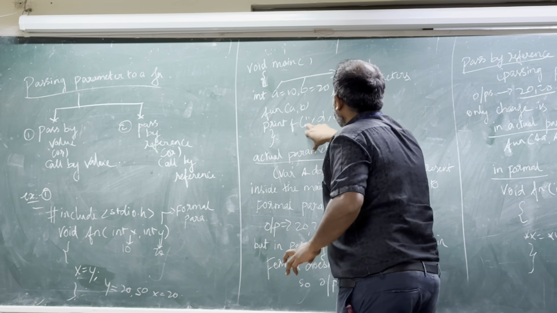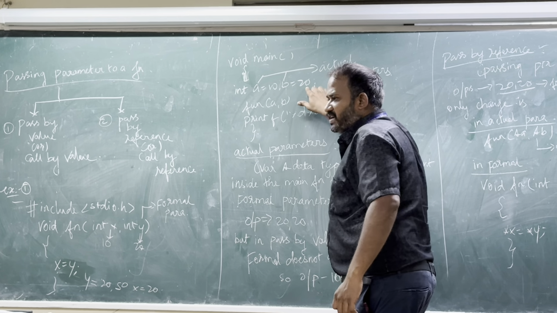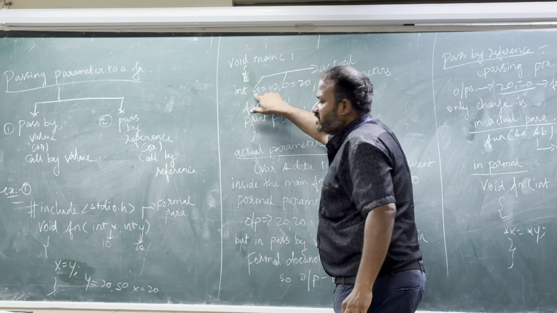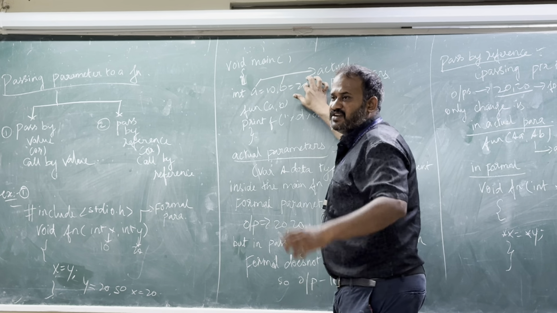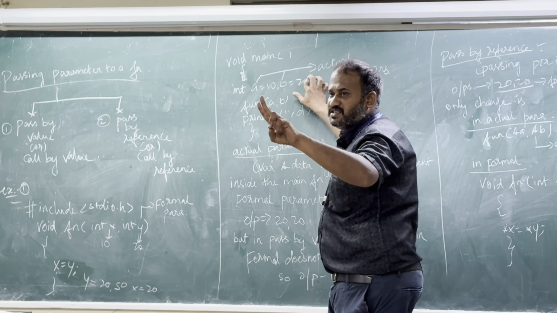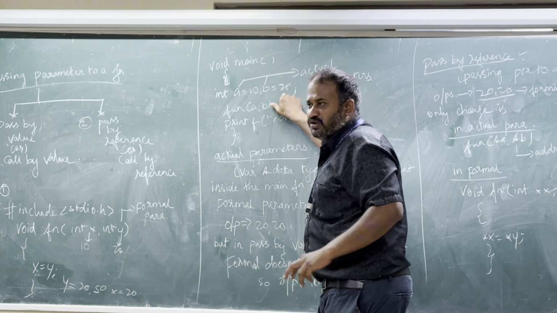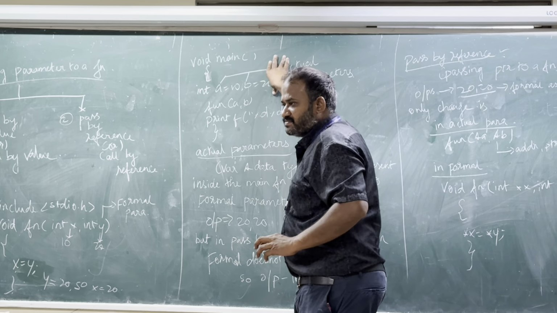Here int a = 10, b = 20. I told you these are the parameters. These we can call actual parameters. So totally you have two kinds of parameters. One is the value which we give, that we call the actual parameter.